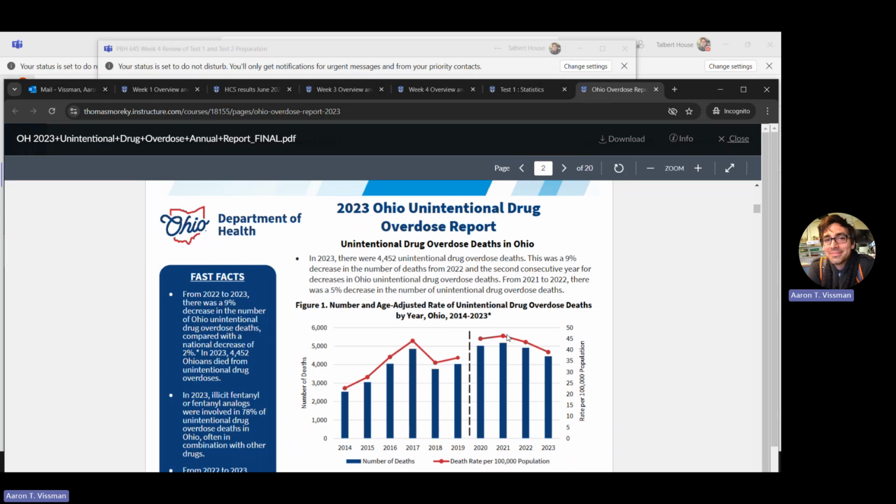So there's more to come about that later on in the course, but I did want to spend some time looking at this particular graph and talking about this peak and this decline as it maps onto the national statistics, but it also represents our state of Kentucky and Ohio that are disproportionately affected.